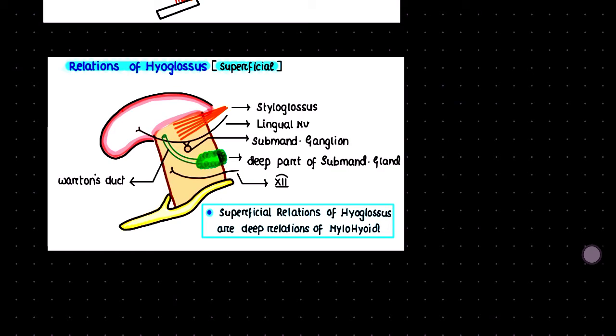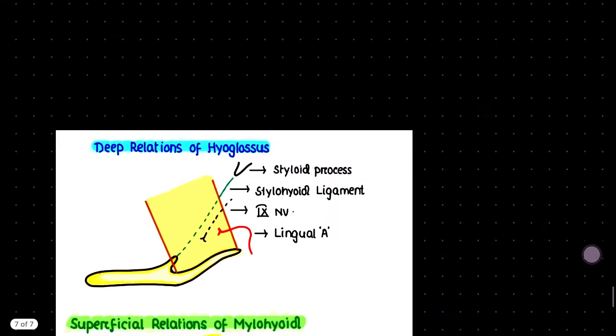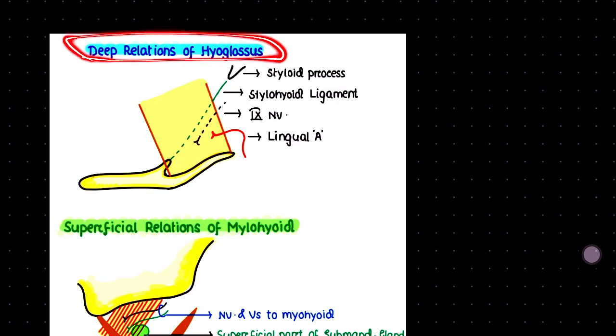And I have already mentioned that the superficial relations of hypoglossus are the deep relations of myohyoid, because myohyoid is present superficial to hypoglossus. Now talking about the deep relation of hypoglossus, we can see the styloid process. We said that the styloglossus muscle was coming from here, superior to this hypoglossus; we studied that in the superficial relation.